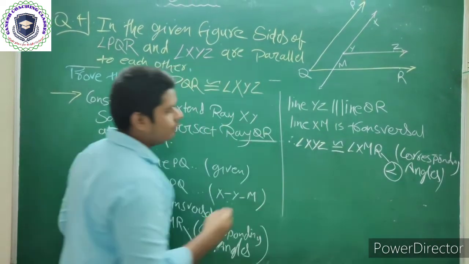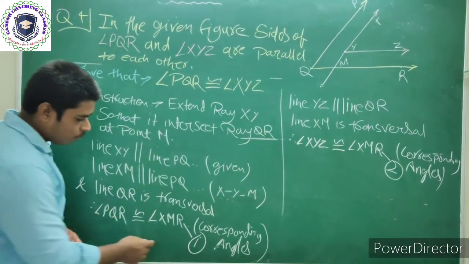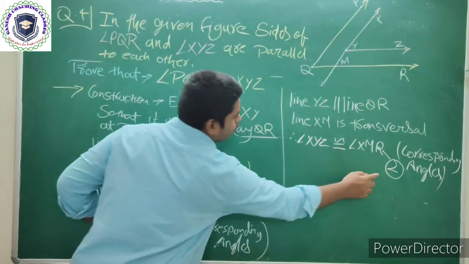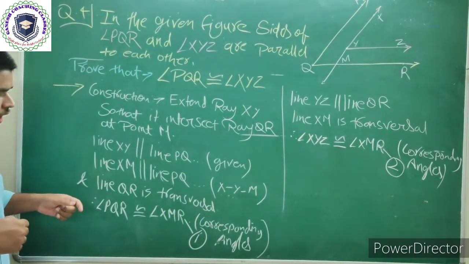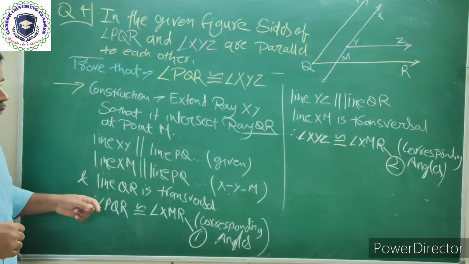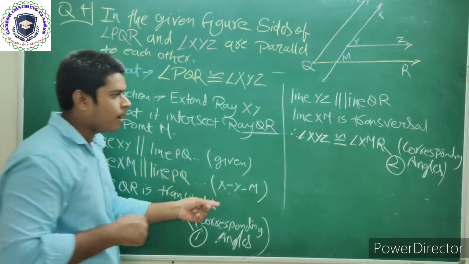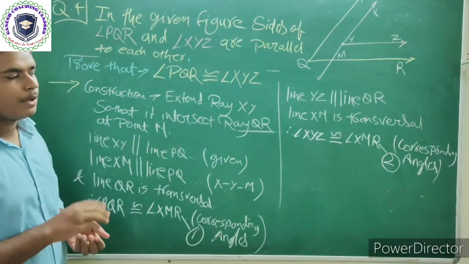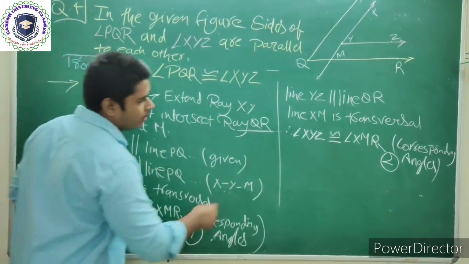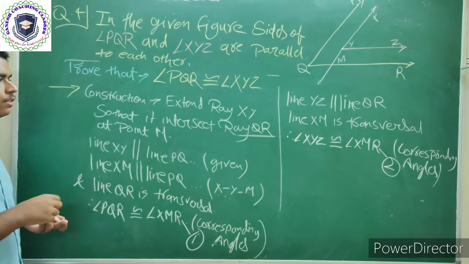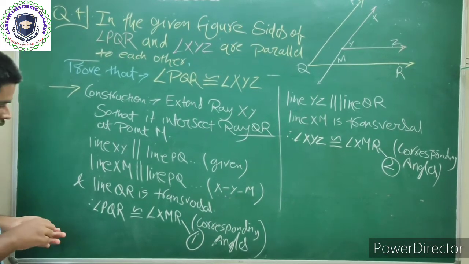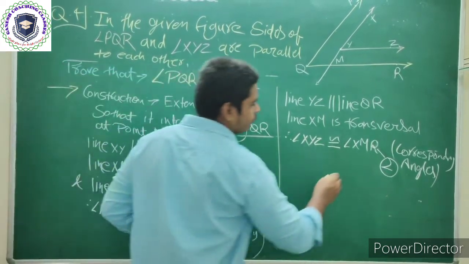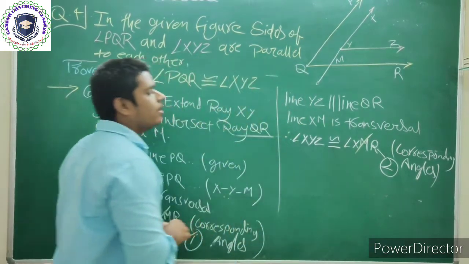When we observe equations 1 and 2, in both cases one angle is the same, which is angle XMR here, and also angle XMR here. So when we compare these two equations, 1 and 2, we can cancel these angles, which are the same.